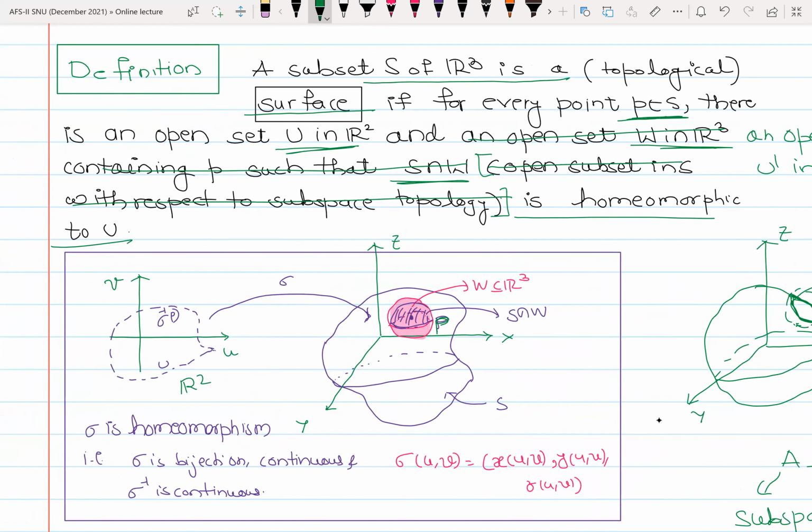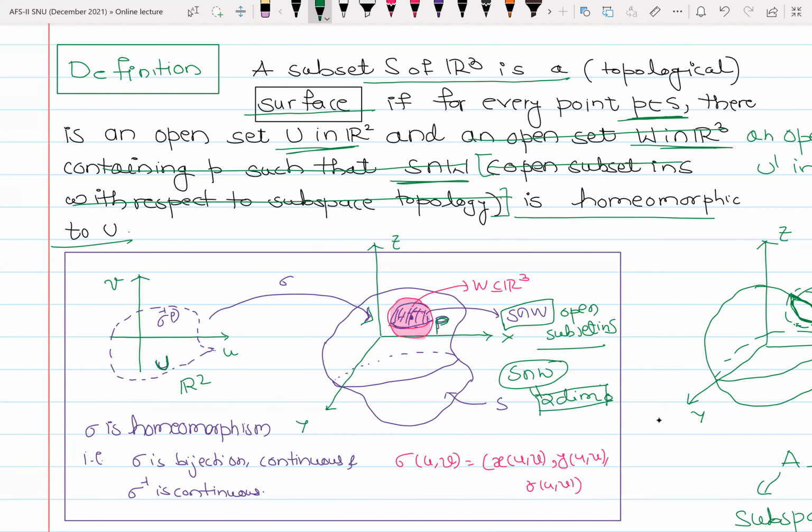This is my R2. So sigma is a map from an open subset U inside R2 to S intersection W, which is an open set in S, and it is a homeomorphism. So when you look at S intersection W, this is going to be a two-dimensional object only, right?